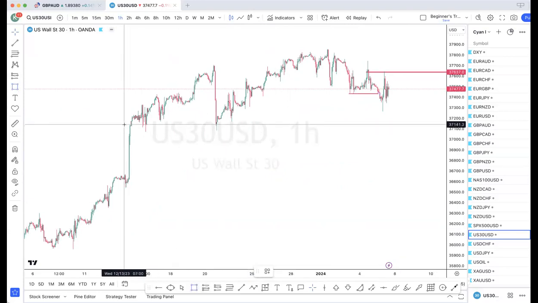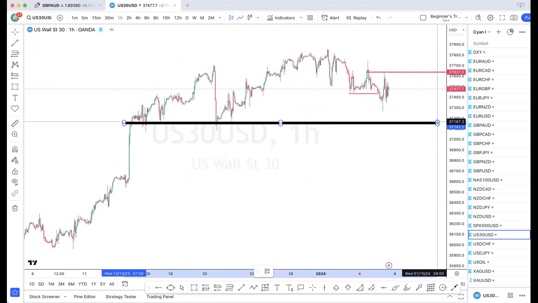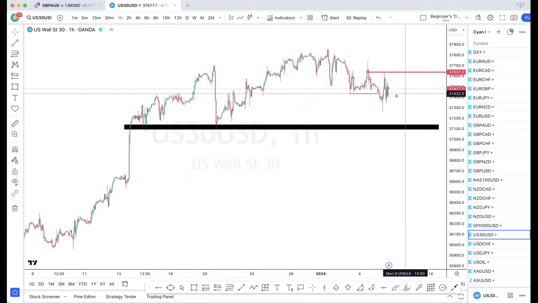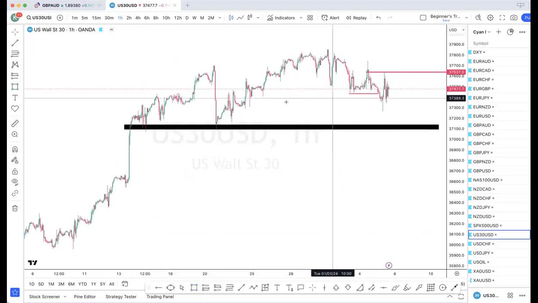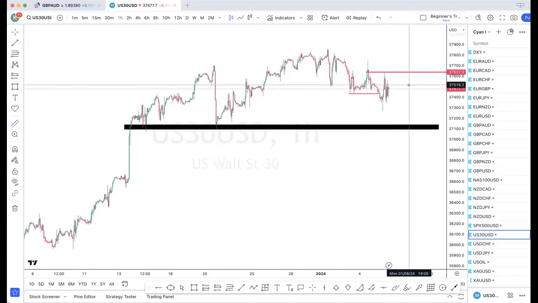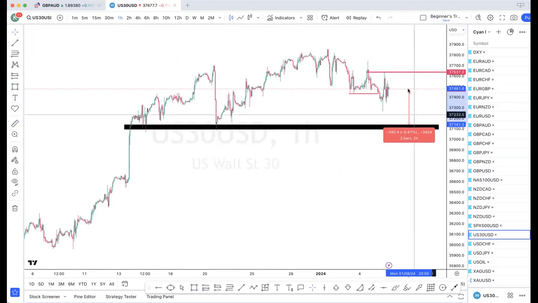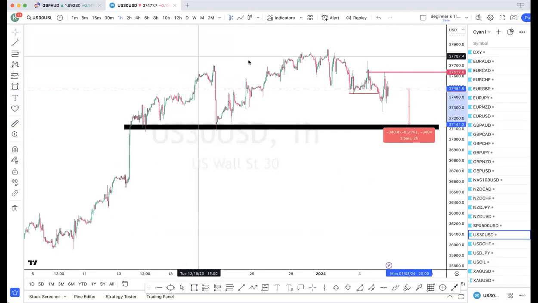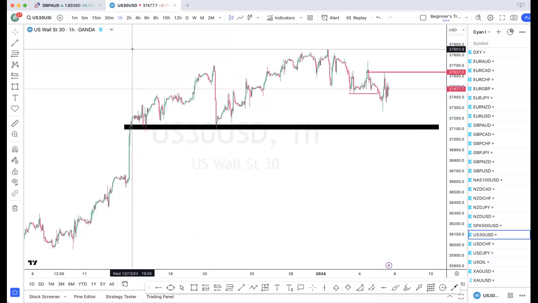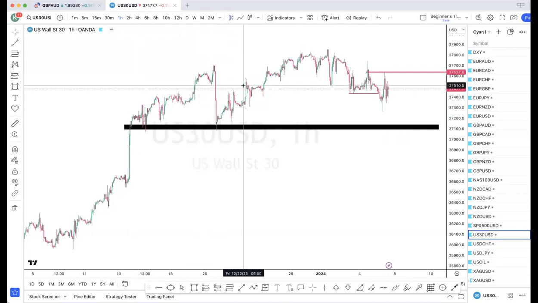Y'all know I need my key level. I'm looking for it to come down here, which is about 340 pips from where price is low. So yeah, that's what I'm seeing for US 30.